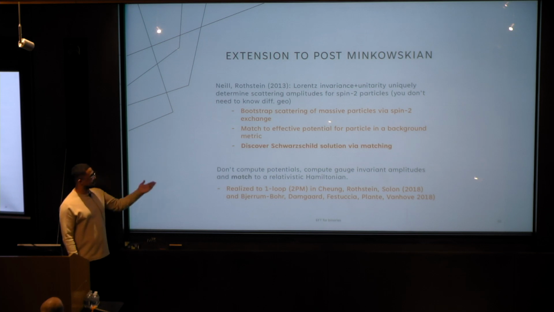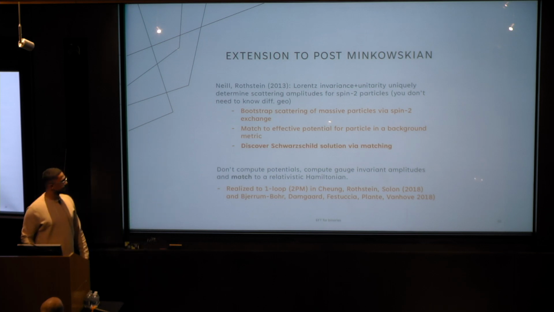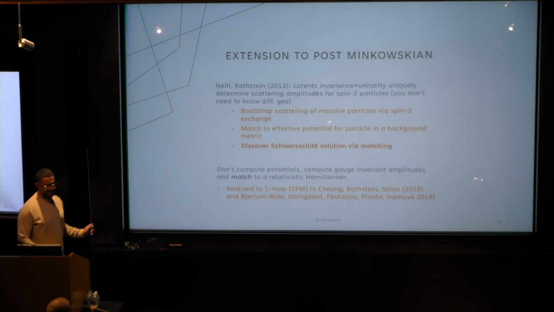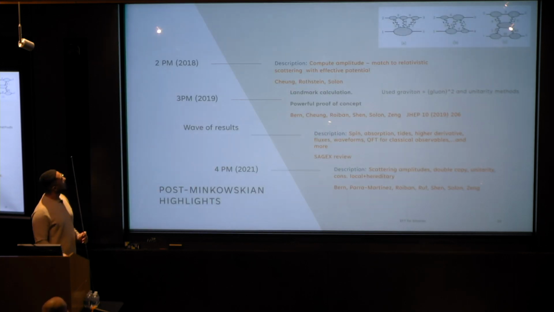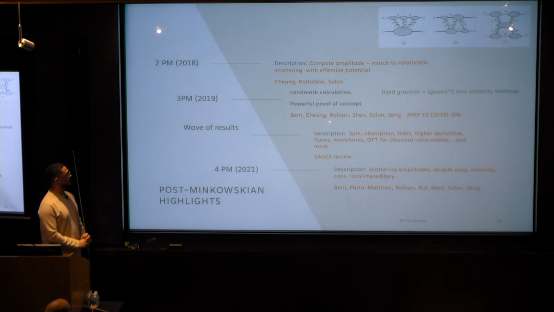We should just compute a fully relativistic gauge-invariant quantity, like a scattering amplitude. This was then realized to one-loop order in 2018, and that got a lot of particle physicists and amplitudes people interested in the problem.